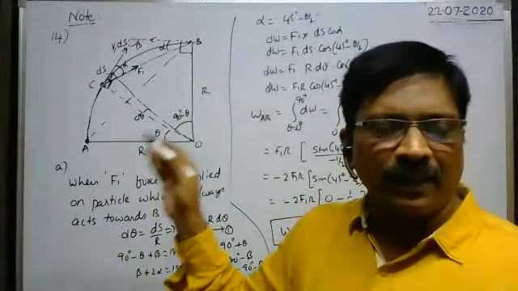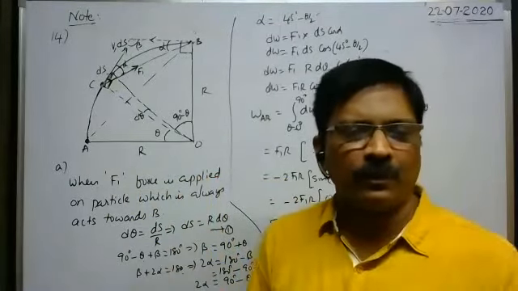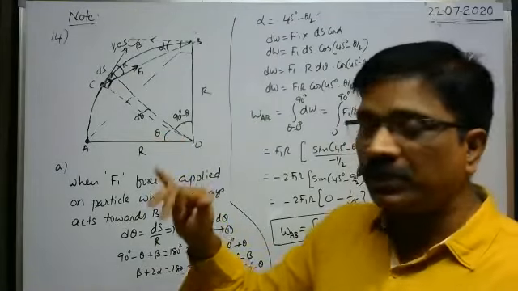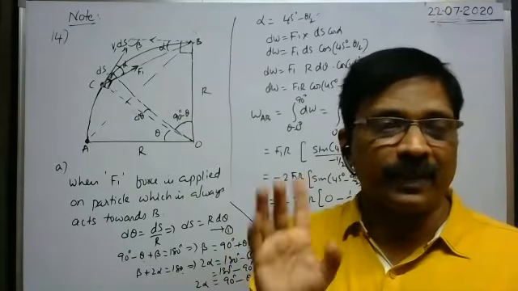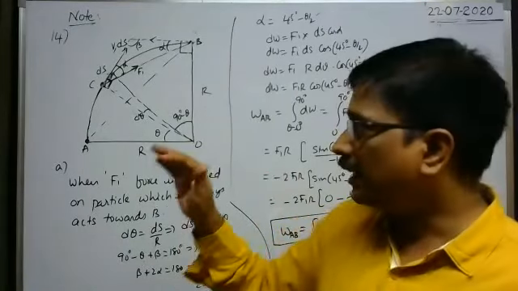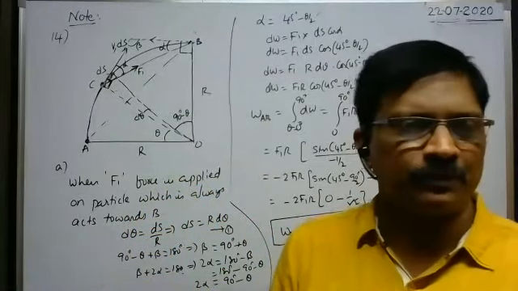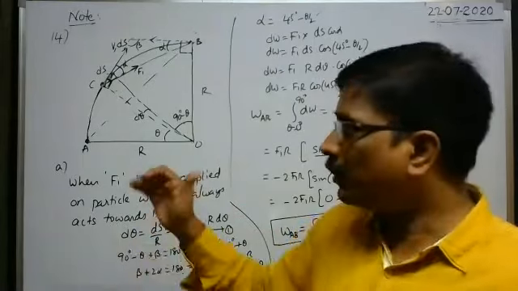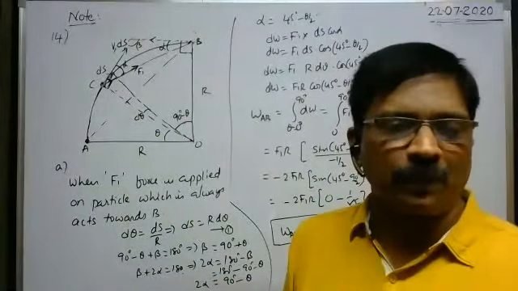But F1 is not along AB. That's why we did like this. Of course, we may get the answer same. Okay, we should not do like that directly. If F1 is the conservative force, then we can write like that. But that F1 is a conservative force is not mentioned. That's why you have to do like this only. Okay, of course, in order to remember the answer, we can remember that method also. But actually, we should not do the problem like that.